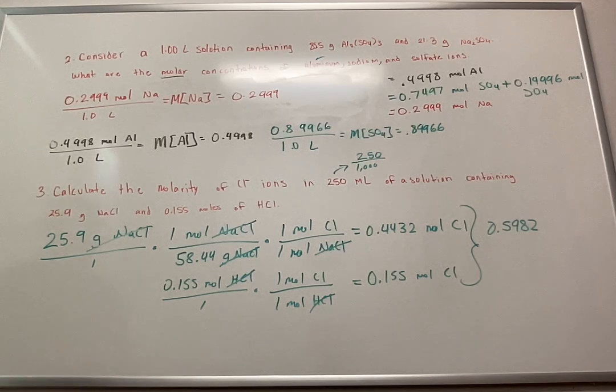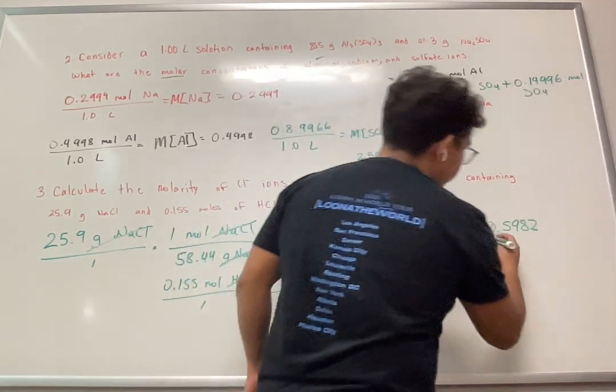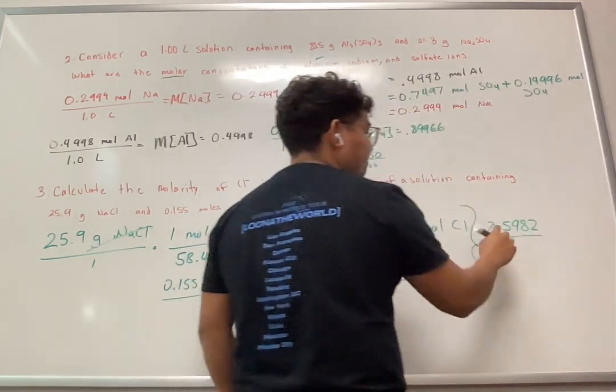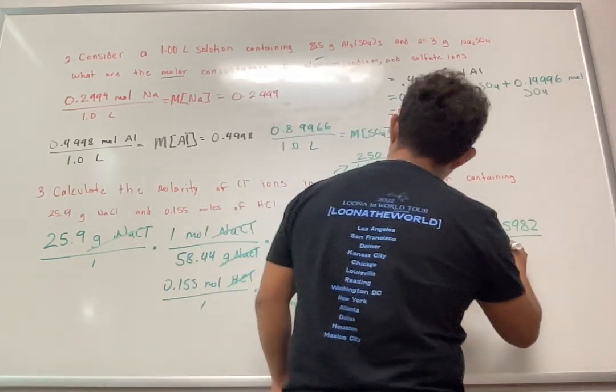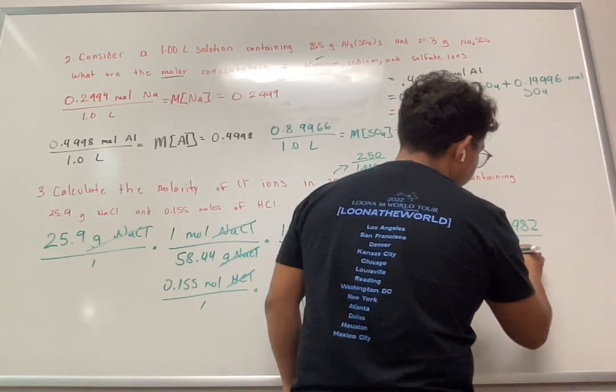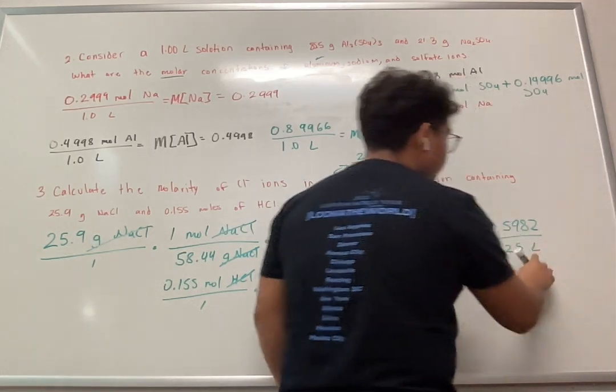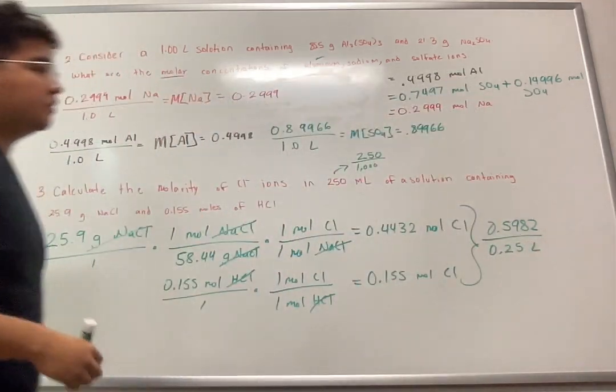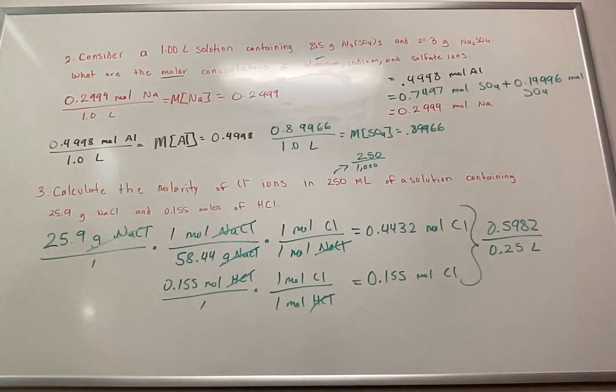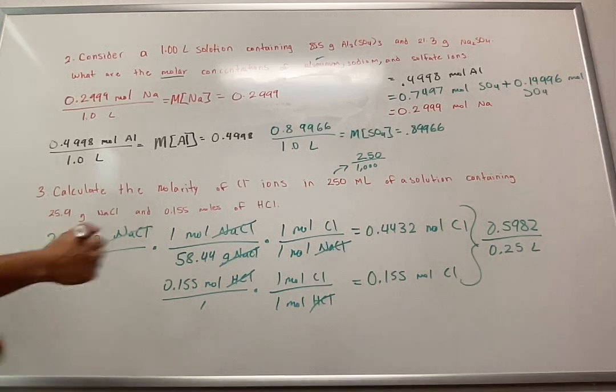Okay, so 0.5982 over 0.25 liters. Liters, not milliliters in this case. So figure that out. 2.3928.